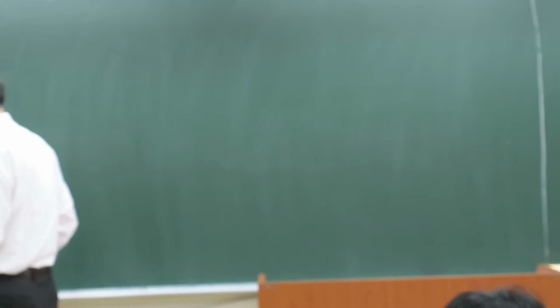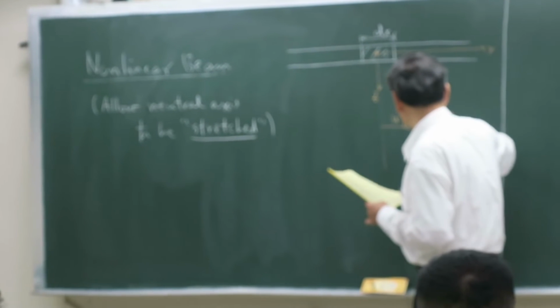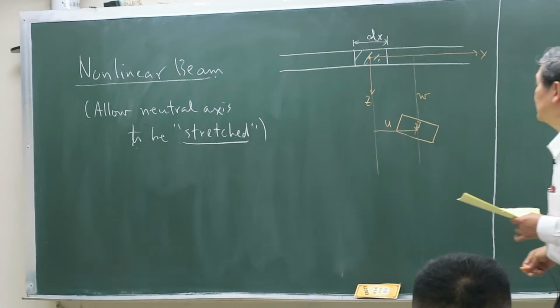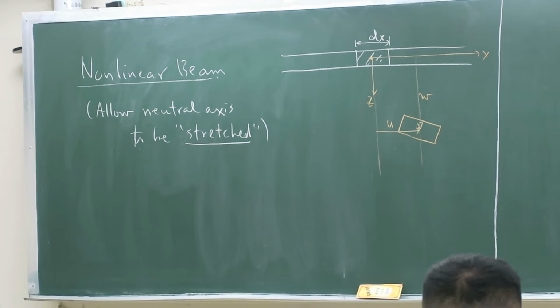And this point during the motion will move, the element to here, with horizontal displacement, we say u, and vertical displacement w of the center point.